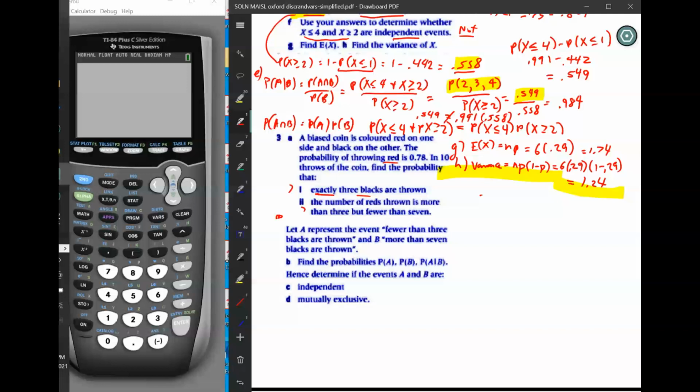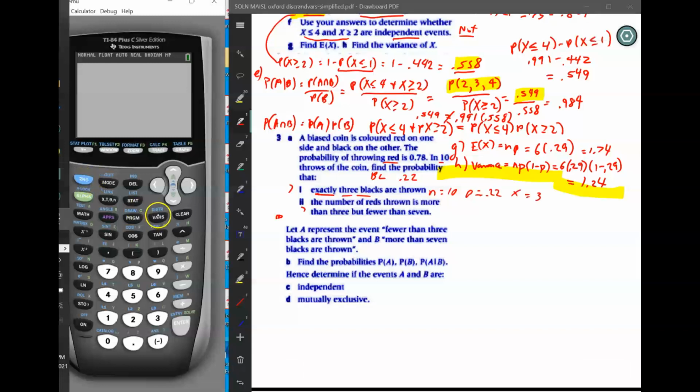So if the probability of throwing a red is 0.78, the probability of throwing a black is the opposite, which would be 0.22, right? 1 minus 0.78. So the probability that you get 3 blacks is going to be using the n value they gave you, using the p-value you calculate, 0.22 instead of 0.78, and the x value of 3. And of course you're going to use PDF because it's exactly 3 blacks.